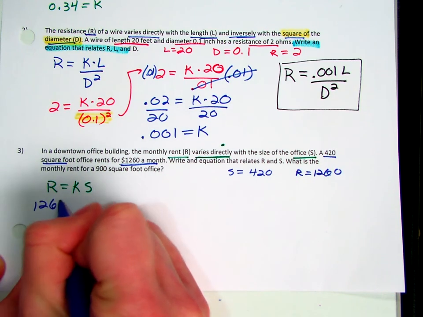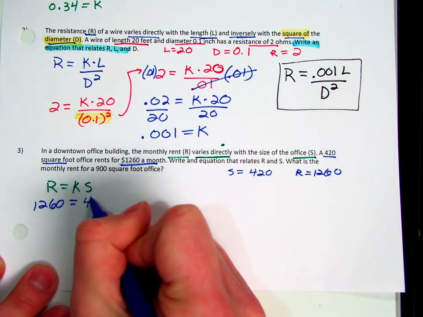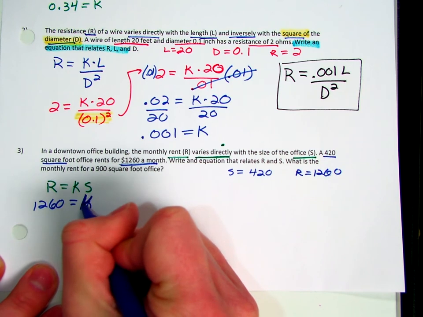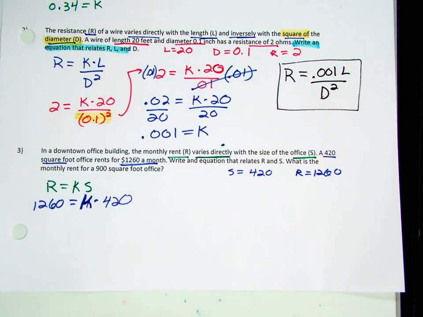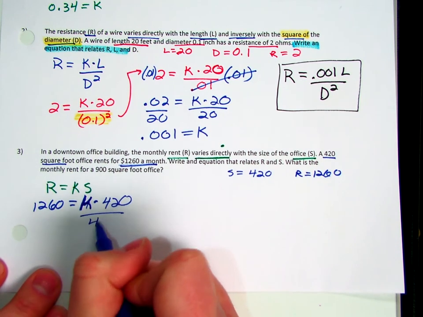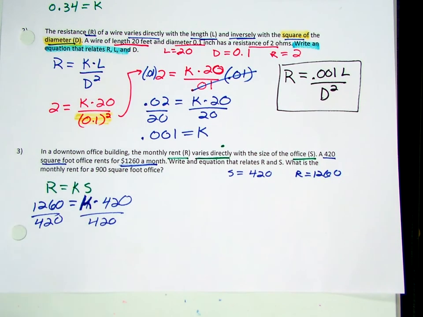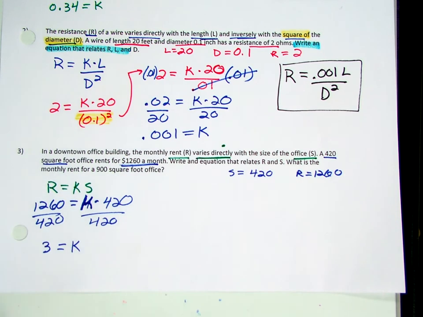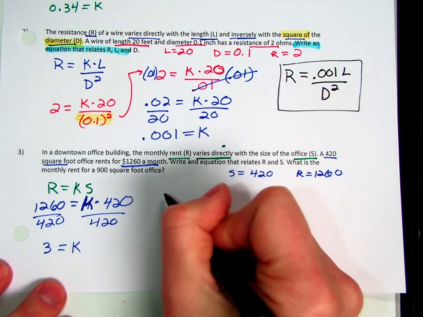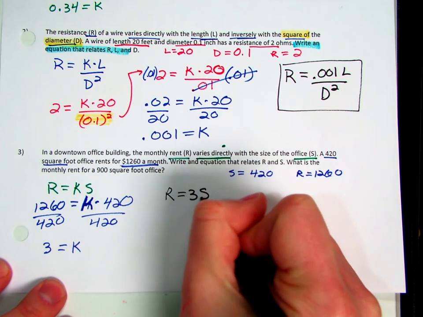So 1260 equals K times 420. Now we need to get K alone, so we divide by 420. And 1260 divided by 420 is 3, so my K is 3. Now I can go ahead and write my general equation. R equals K, which is 3, times S.